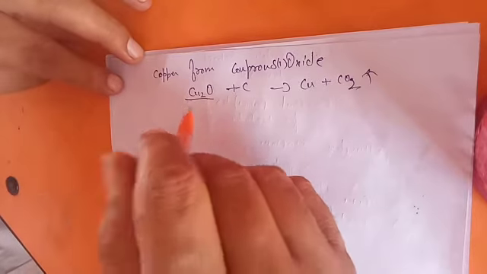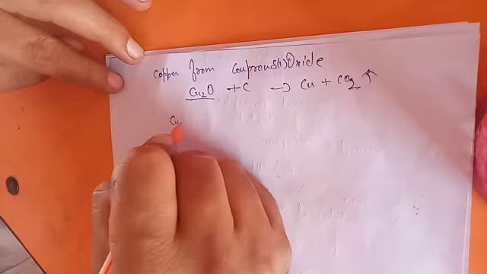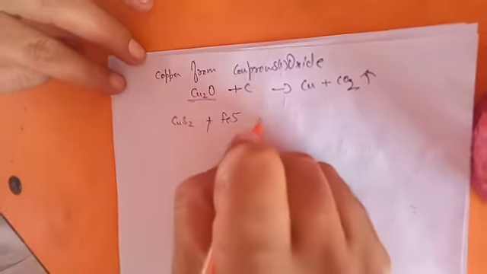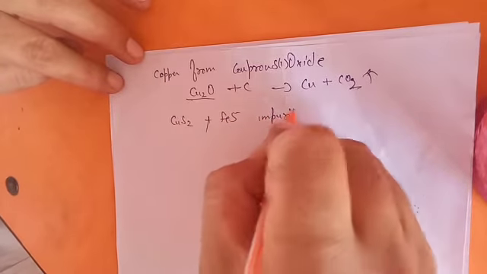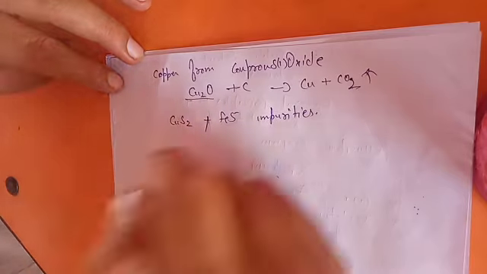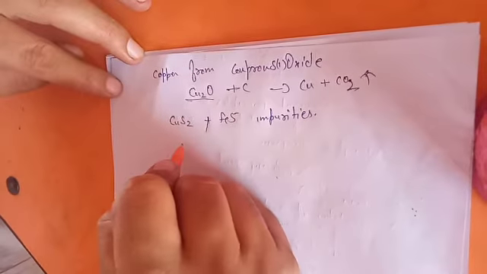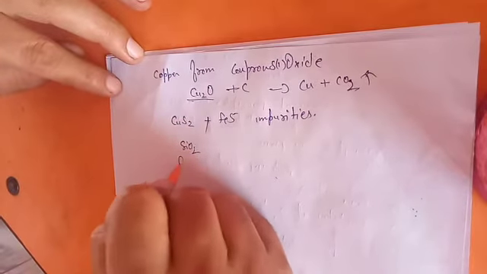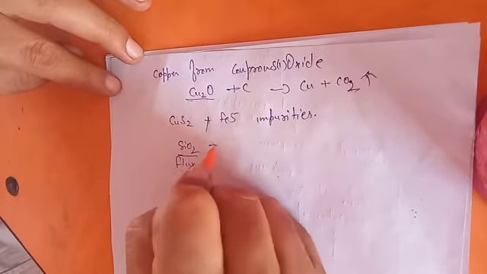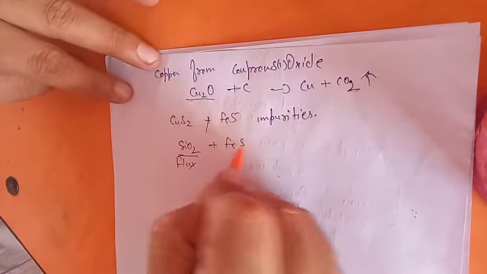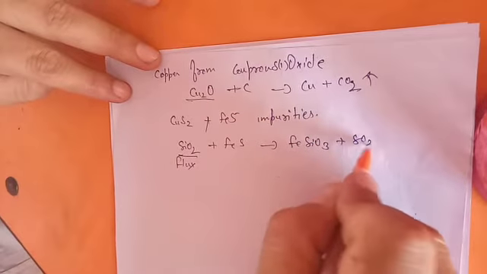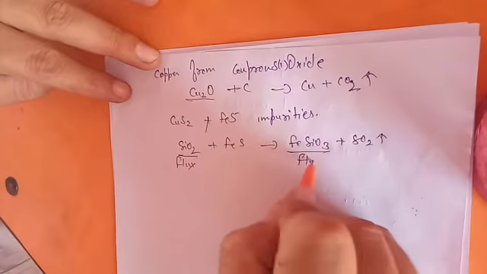However, some impurities are still left, like copper sulfide and iron sulfide. That's why we use silica as a flux in this case. When it meets the iron, it is converted into iron silicate, and SO2 is released. This acts as a flux.